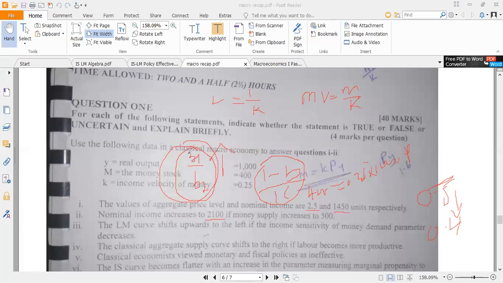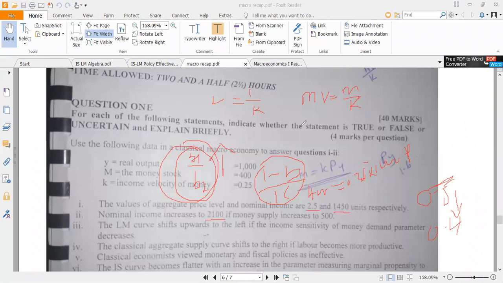What I'm saying is that this is what we use to measure the steepness of the LM curve. The larger this ratio, the steeper the curve, which means that the curve will be steeper if there's an increase in the numerator and a decrease in the denominator.